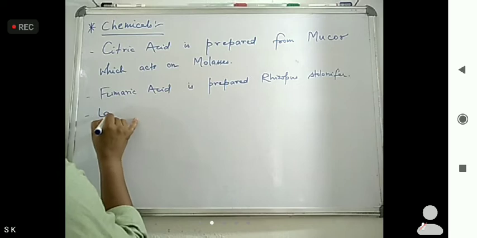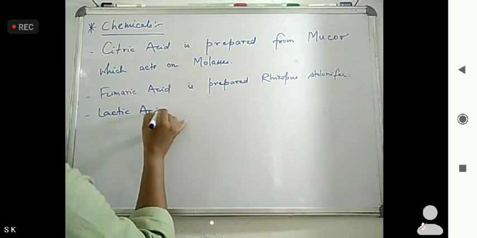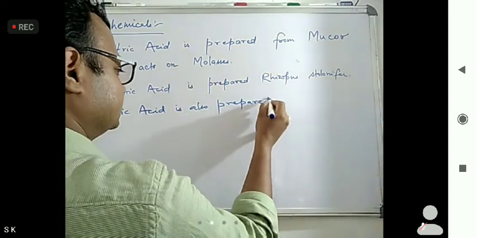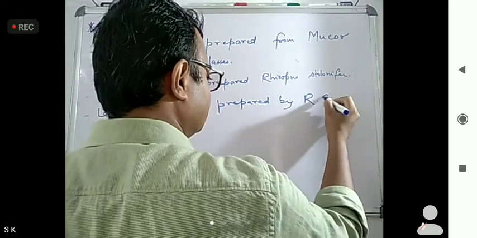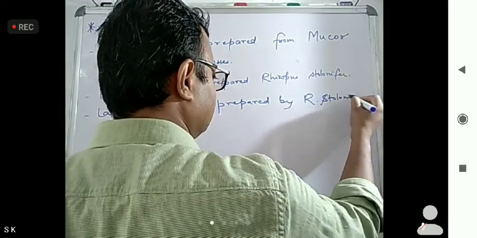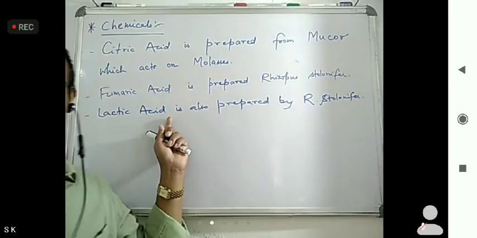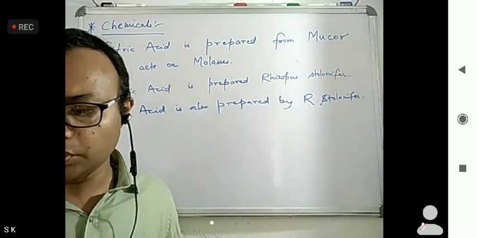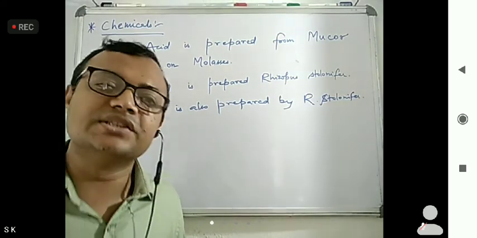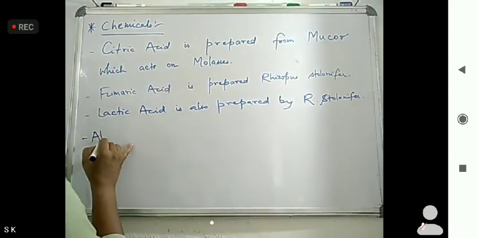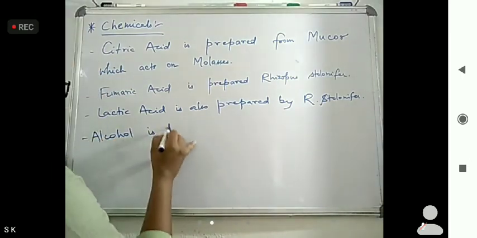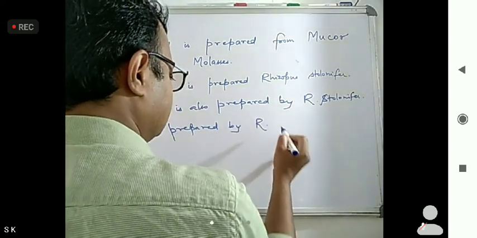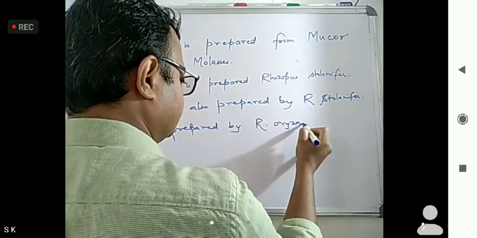Okay, this lactic acid is also prepared by Rhizopus stolonifer. If we are seeing alcohol, alcohol is prepared by Rhizopus oryzae.